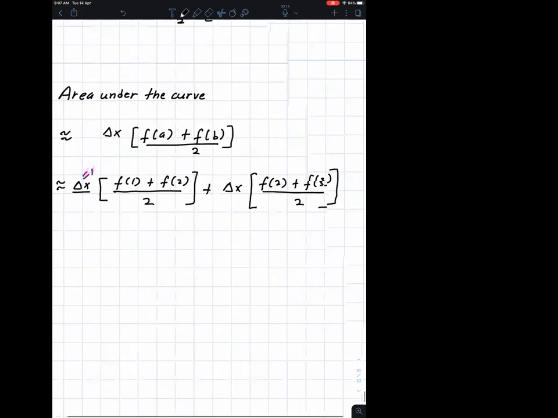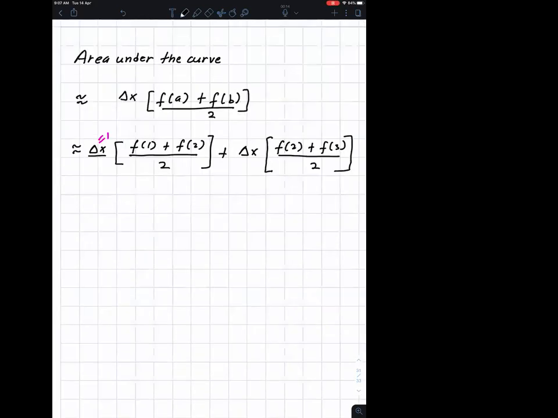So you repeat this for every segment. Next you start from f3 plus f4 divided by 2, plus delta x, f4 plus f5 divided by 2.